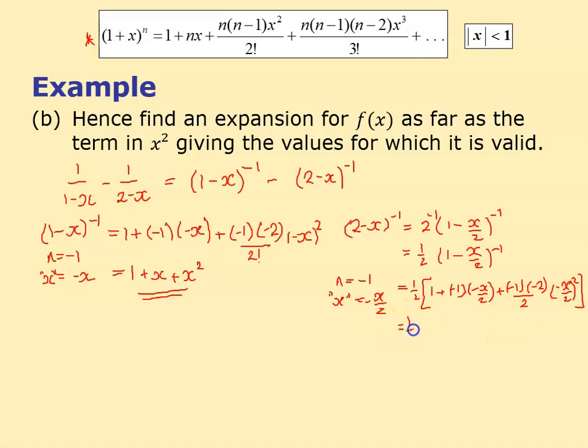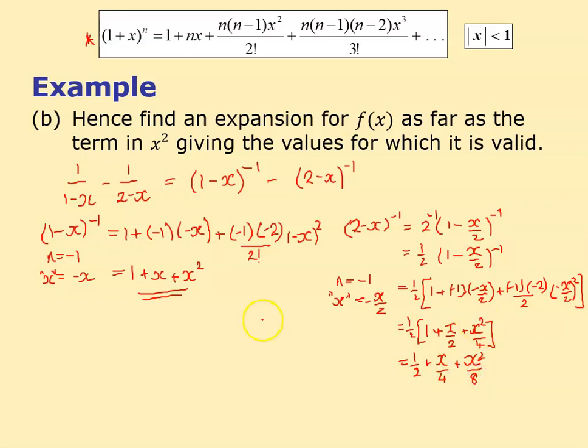So what's that gives me? It gives me a half of 1. Now that was minus 1 times, so that's like plus x over 2. And then that's 2 divided by 2, that disappears, and that is just plus x squared over 4. And of course I've got to multiply it first by a half, so that's a half plus x over 4 plus x squared over 8.